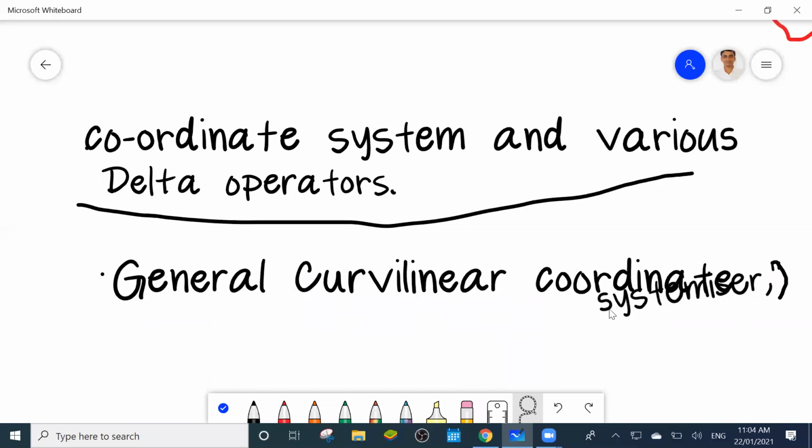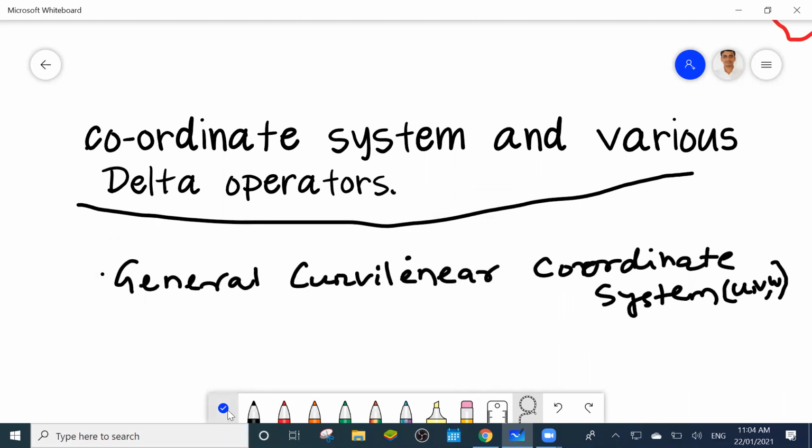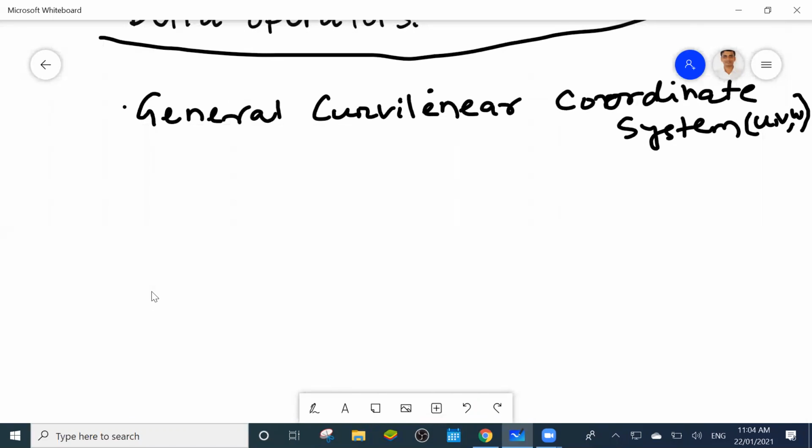So in the curvilinear coordinate system, I have to write in terms of u, v, w. Suppose elementary length means del L. Del L is the elementary length, small, infinitesimal length.